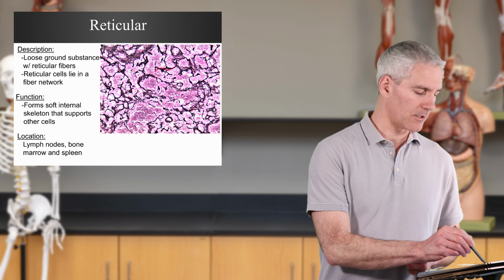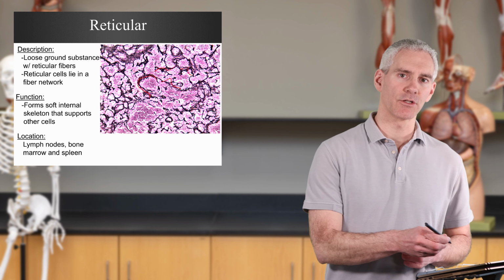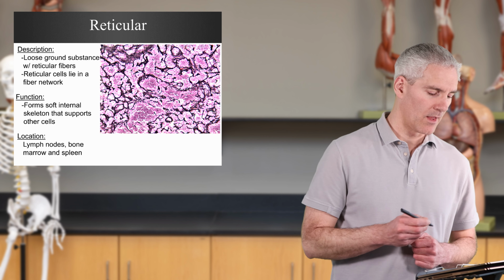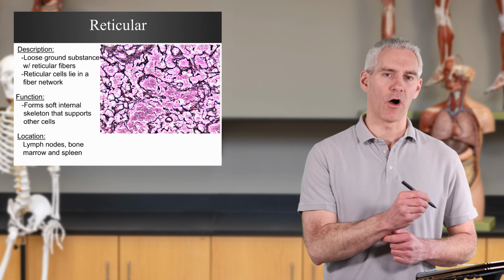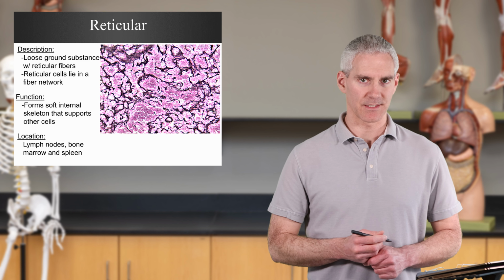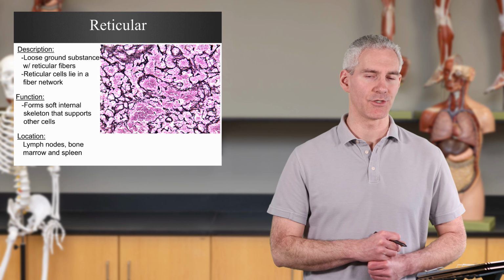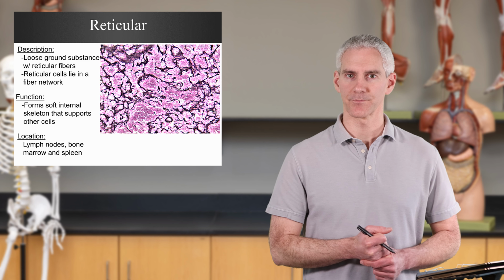All of these dark black lines, those are all the reticular fibers. And in between all those pink dots, those are reticulocytes. They're specialized cells found in your reticular tissue.